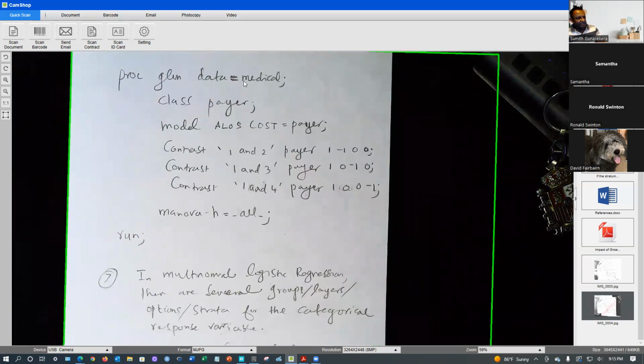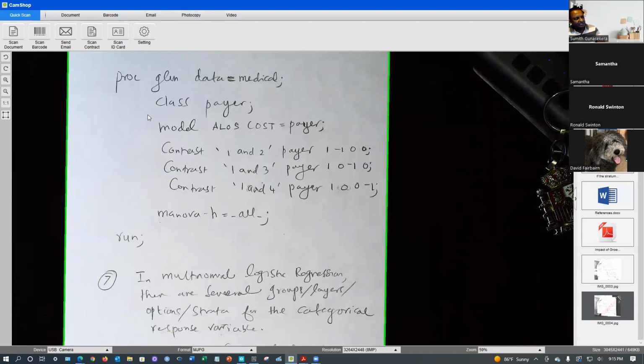I call that one medical, and the class is called pair. In the model, you put the variable equals pair. For the contrast between 1 and 2, I call it uninsured, and the others are Medicaid, Medicare, and private insurance.